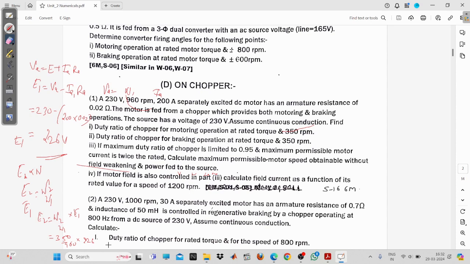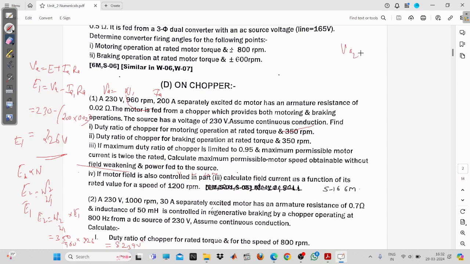After solving this, the value is 82.39. So basically this is the electrical equivalent for 350 rpm, which is going to appear on the armature of a DC motor. Now I'm writing here, please have a look.